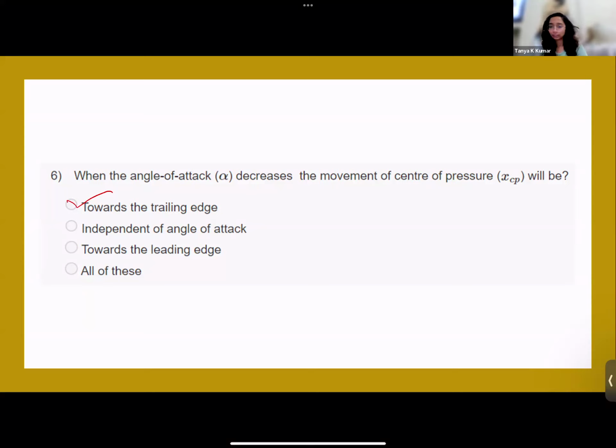It was there in the last session. So if you have the slides or the notes, please refer to them and try to justify this answer.